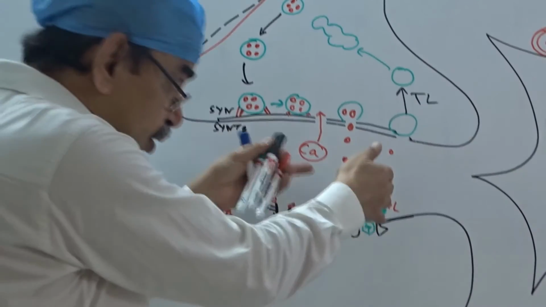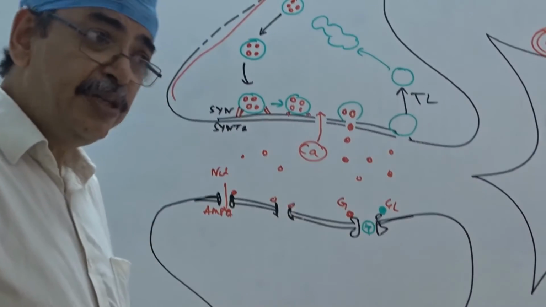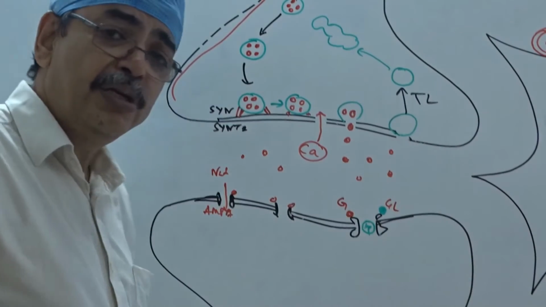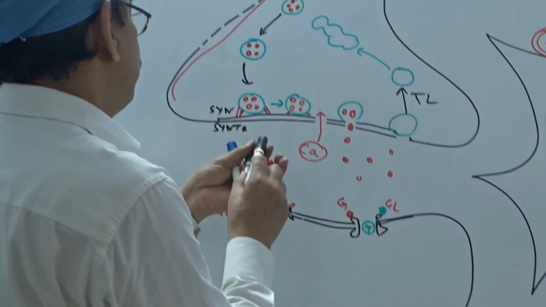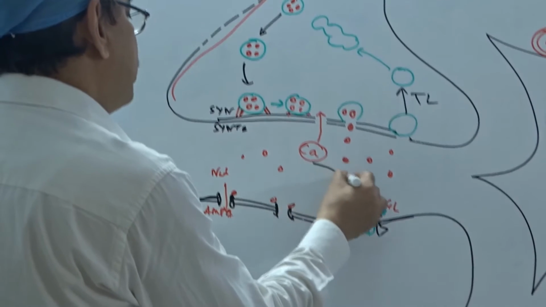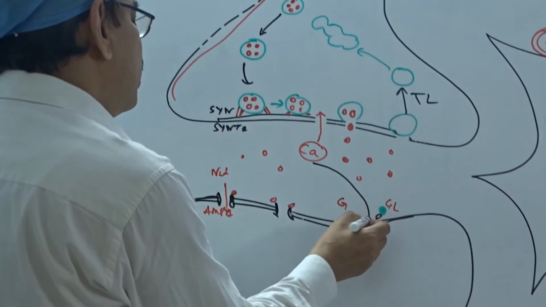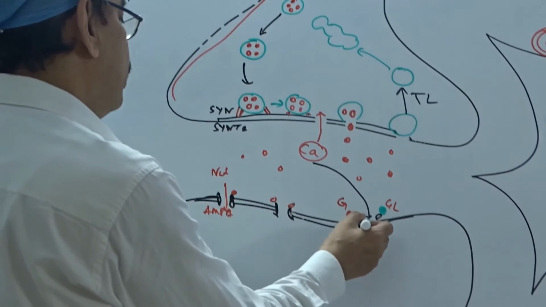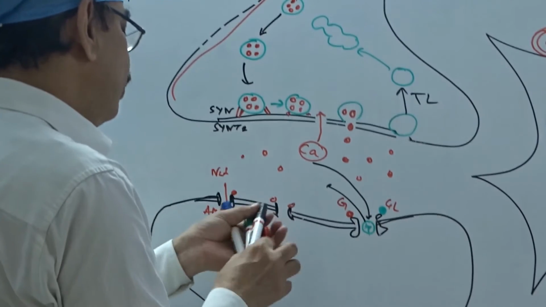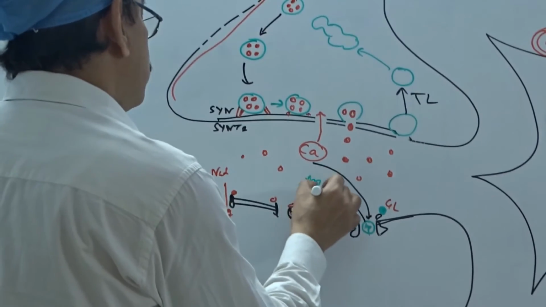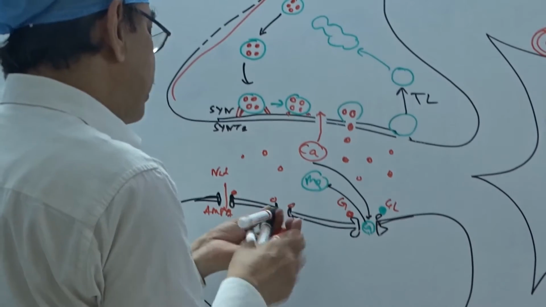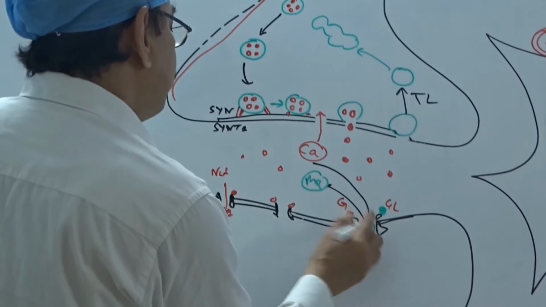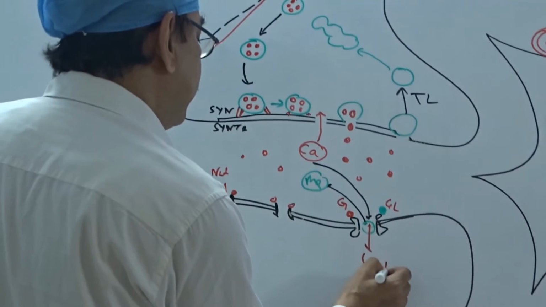But if the NMDA receptor is activated by both glutamate and glycine, then this magnesium ion will be dislodged, and calcium will enter.